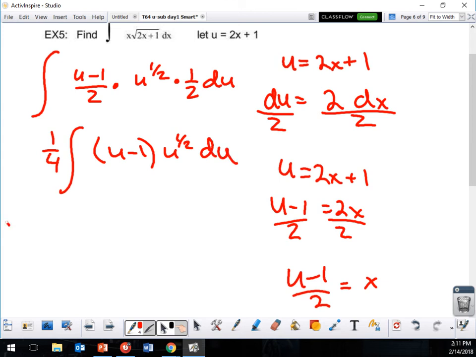And what should I do there? Can I distribute, right? This is my x value. All right. Distribute 1/4 integration u to the 3/2 minus u to the 1/2 du.